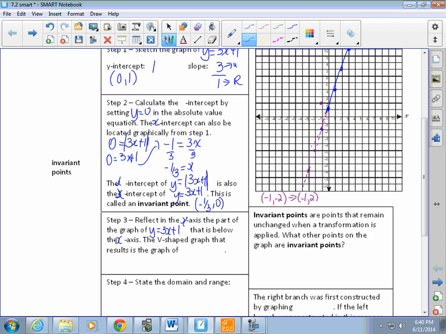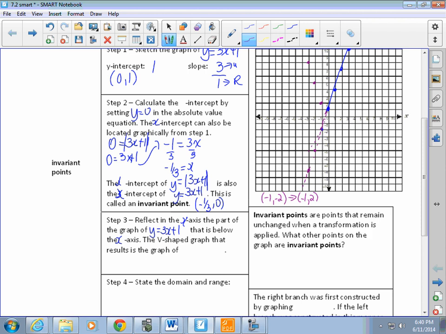My next point, which was at (-2, -5), is now going to be at (-2, 5). And my other point that I had here at (-3, -8) is going to be at (-3, 8).